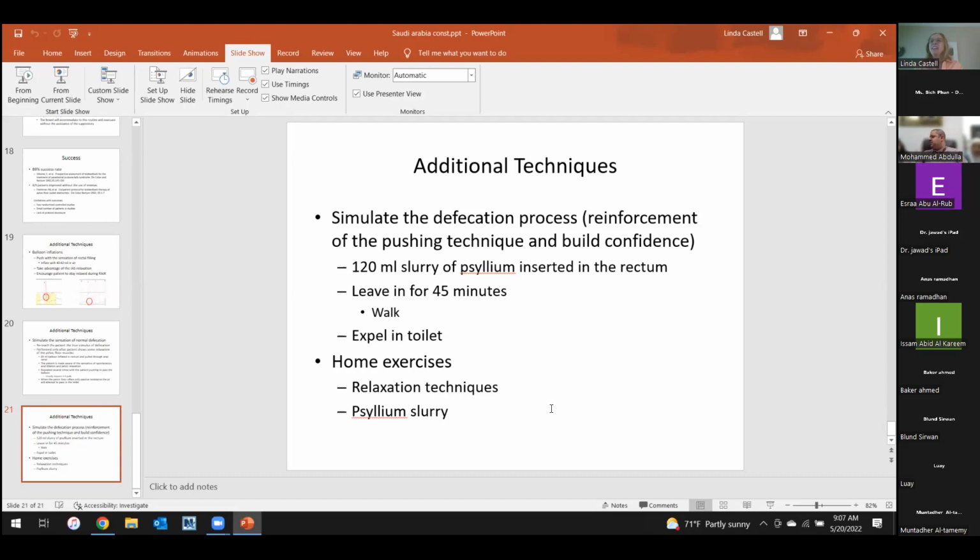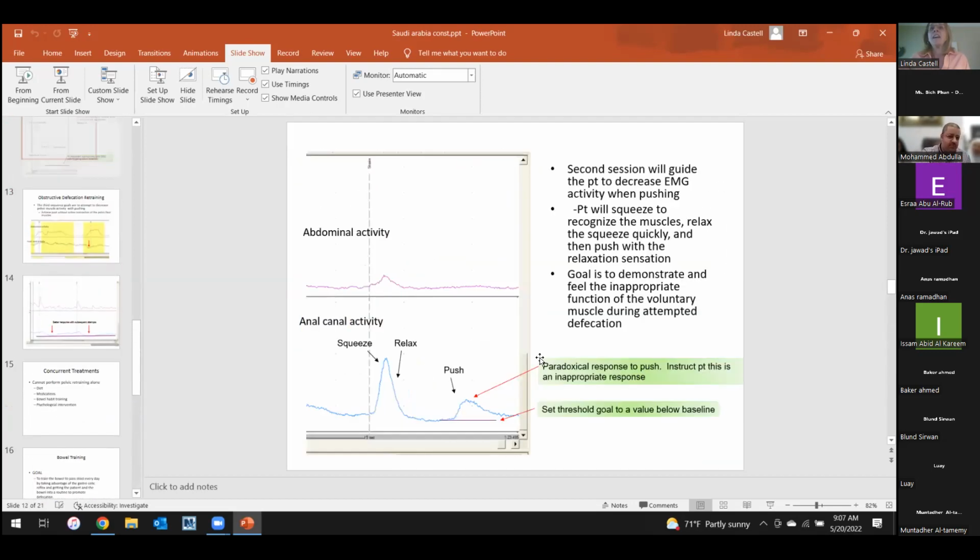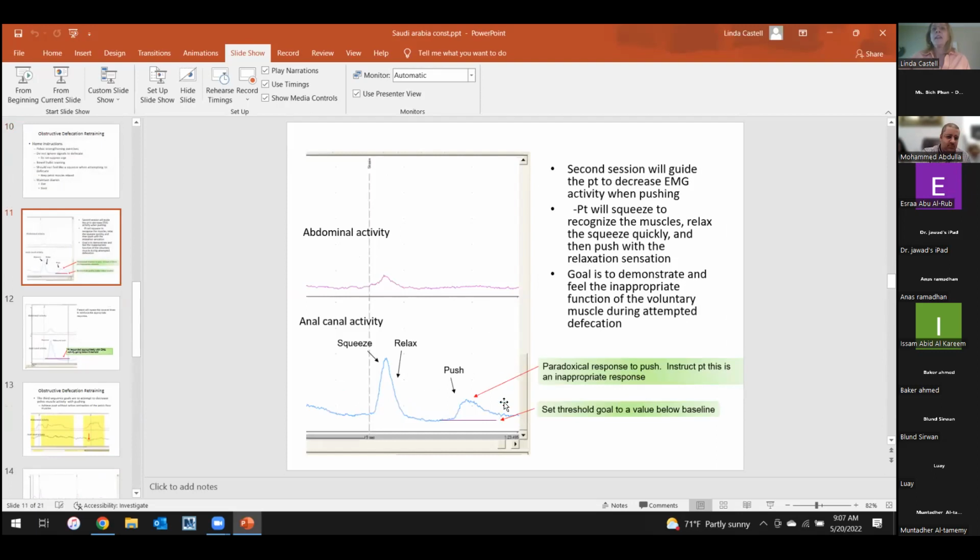I want to clarify what is meant by the action of squeezing. When we instruct the patient to squeeze, is it the squeezing of the external sphincter or the pelvic floor? Yeah, the external anal sphincter.